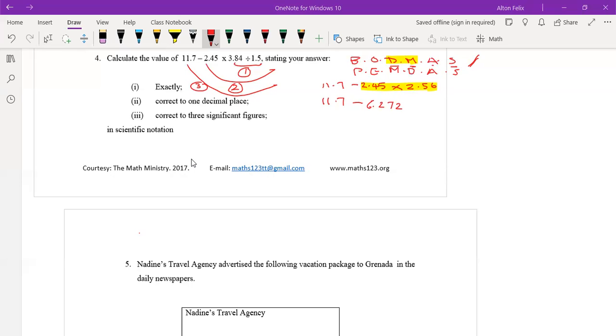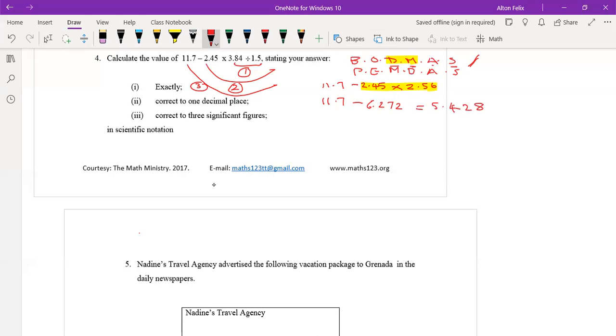All right, so now that we have the 6.272, we have to take that away from our 11.7. 5.428. So that'll give us an answer of 5.428.